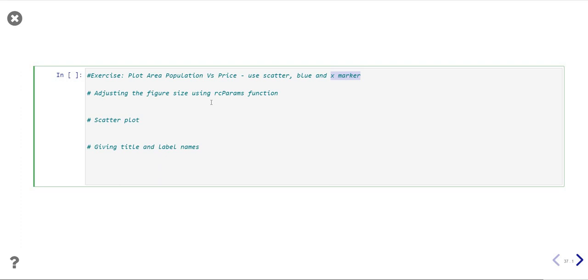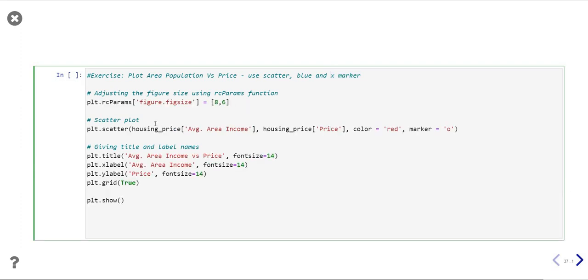So I'll pause the recording for a while. This is for your class exercise. So what are the things that you change? This will be area population, this is price, this will be blue, this will be X. You just change the O to X. You also want to change the title.